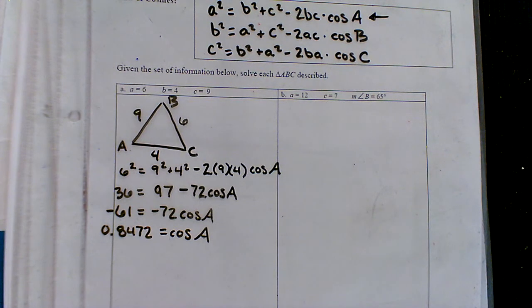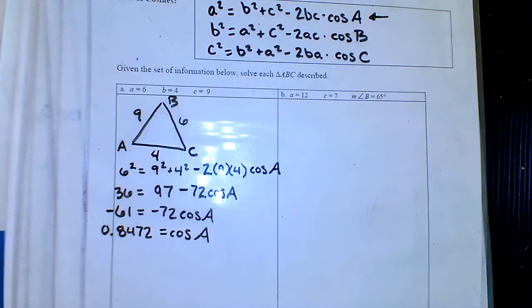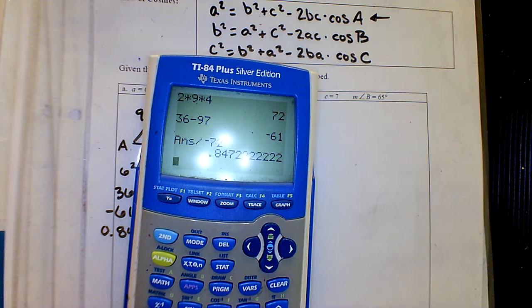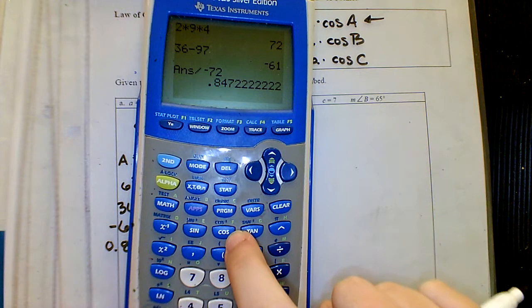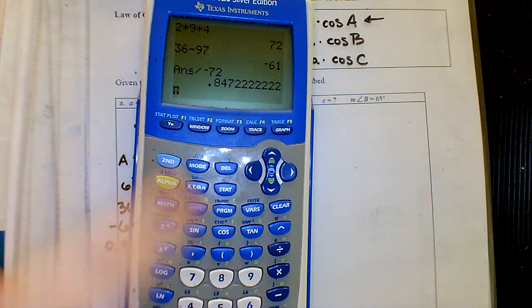And then how do we move a cosine over? Would you use cosine to the negative first? Cosine to the negative first. Good. So on our calculator, the cosine negative first button is right above the cosine, but you have to hit the blue button first.